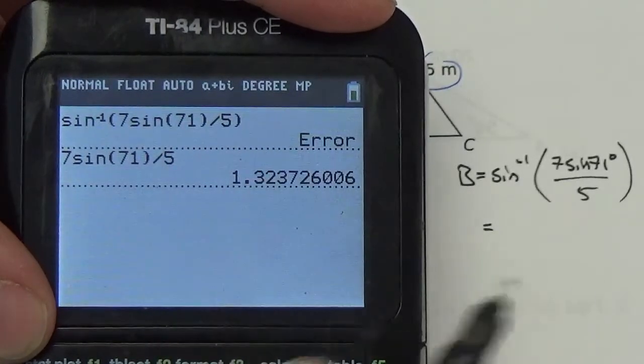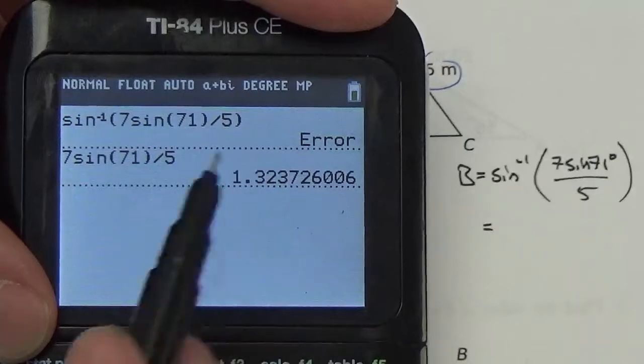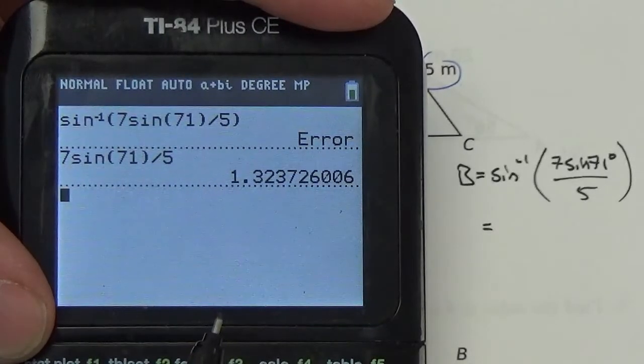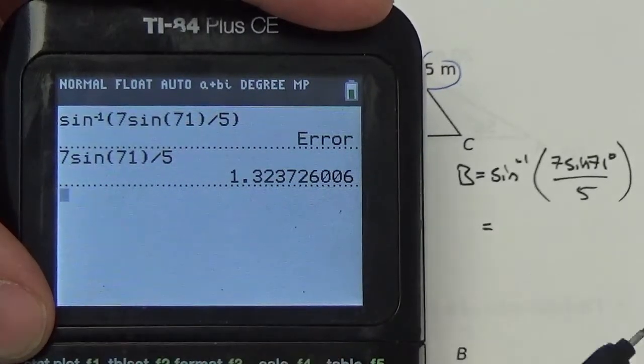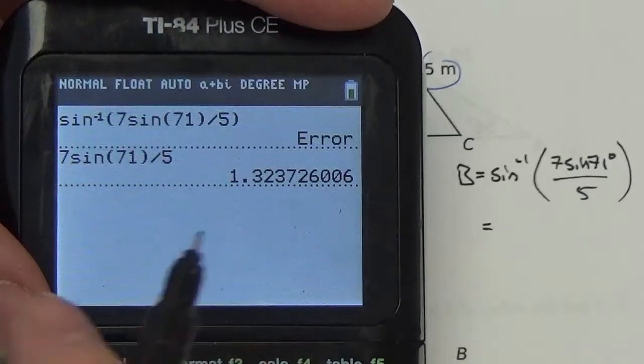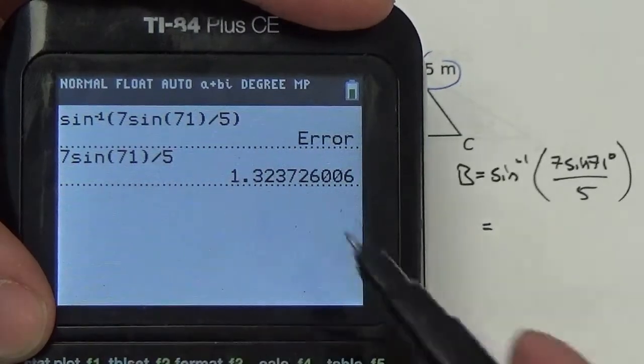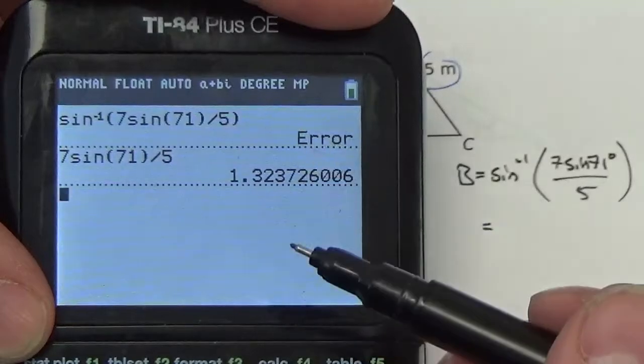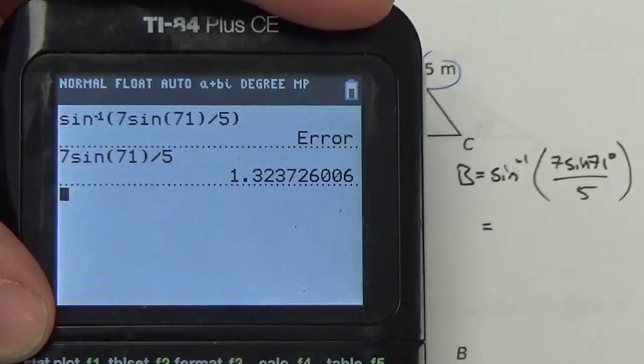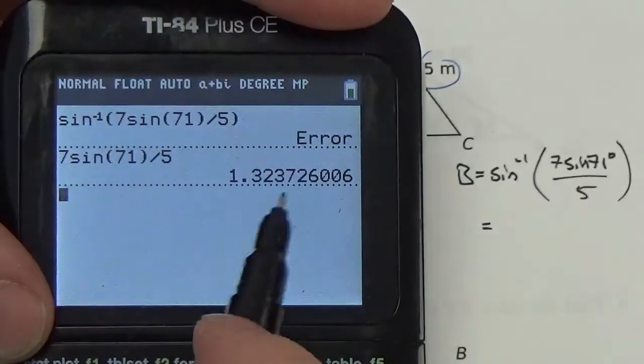Oh, right there. See, this is something that we haven't talked about in this particular course as we've gone through this. But the sine ratios always have to be less than 1. Because sine is the opposite side over the hypotenuse, and the hypotenuse is always the largest side in a right angle triangle. So that ratio has to be less than 1.